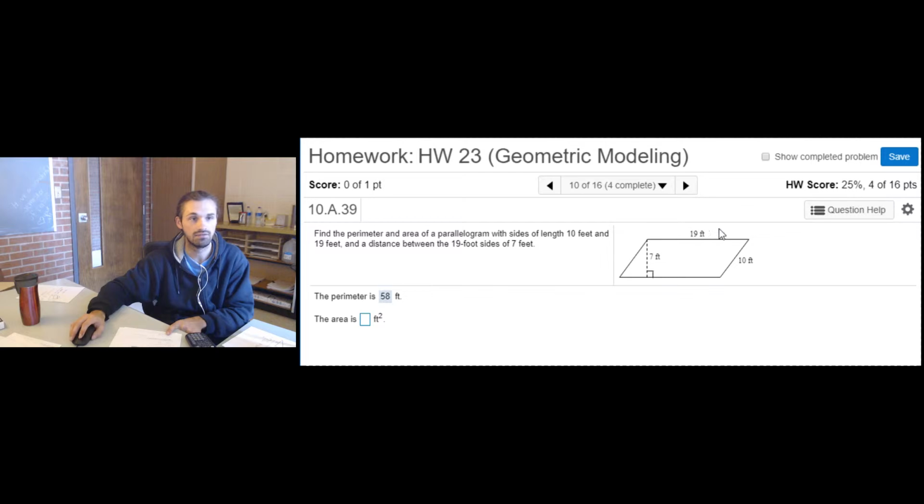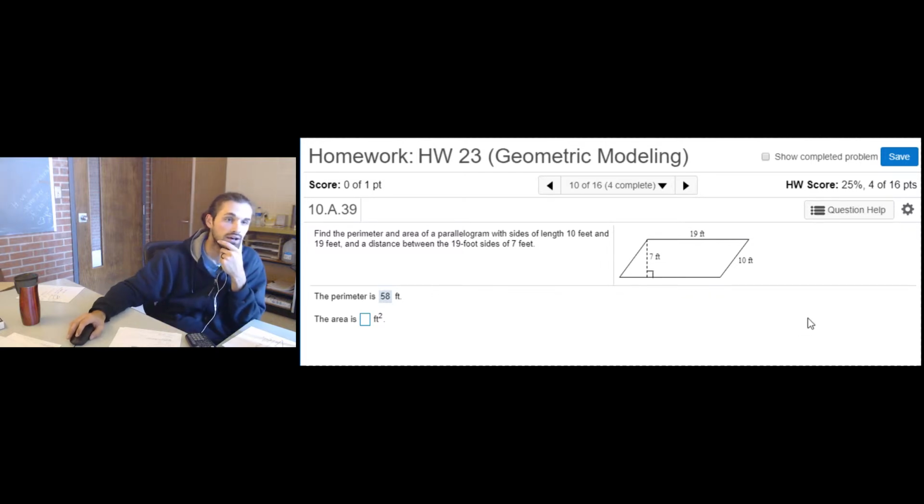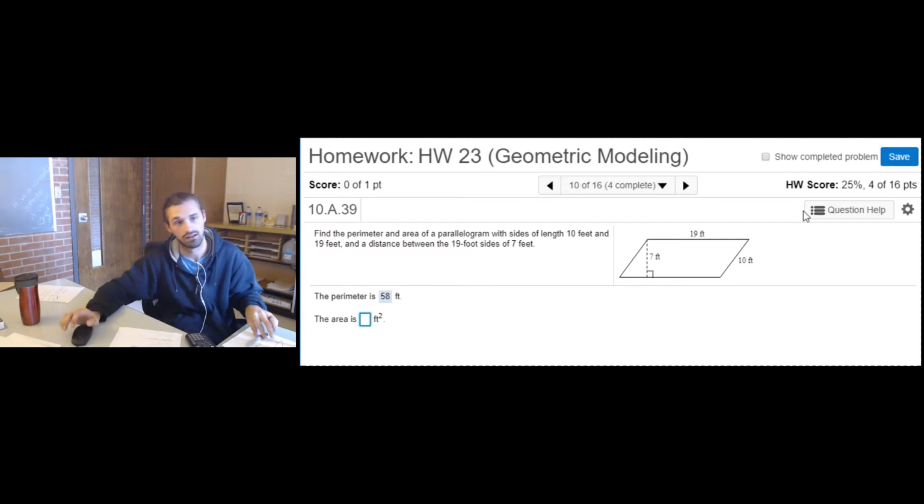19 feet, 19 feet. Base times height. So I'd have that plus that. So if I'm finding the area of a parallelogram, I think I remember it.